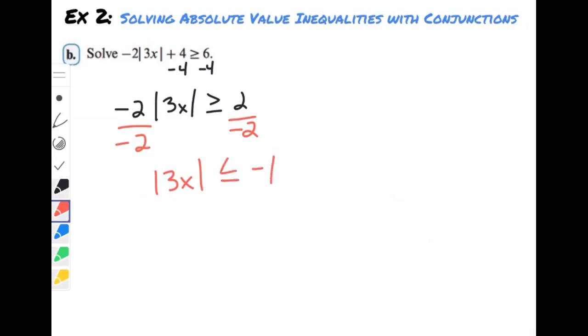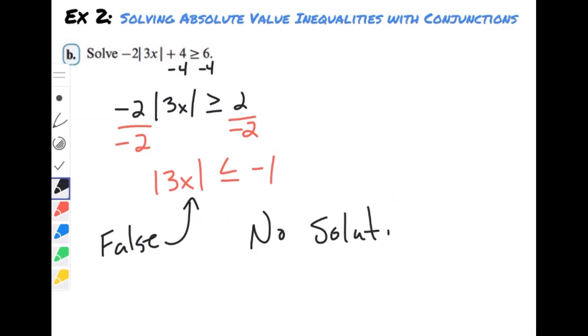However, we're ending up with negative 1. So it doesn't matter what x is, an absolute value will always be negative. So if I have the absolute value is going to be less than or equal to a negative number, that's always going to be false. Okay, so that means that whatever I have for x, that's going to be no solutions for this problem. And this problem is just done where it is. I can't go any further.